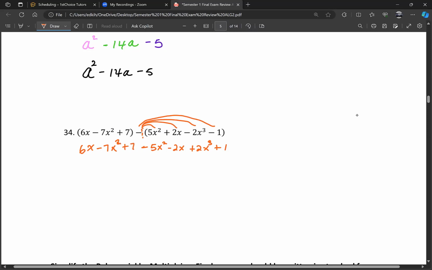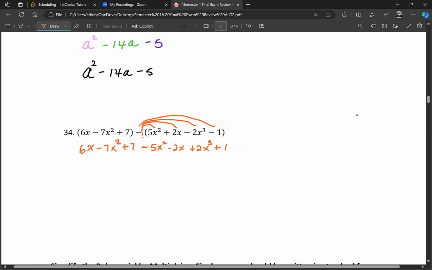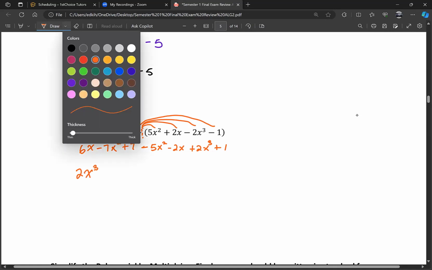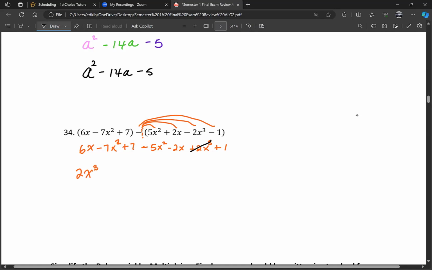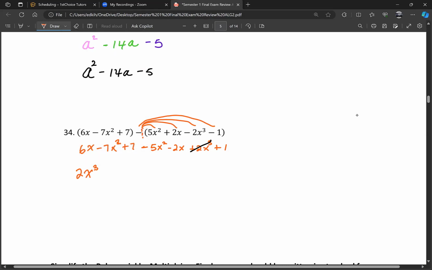And now we combine like terms. Again, remember, since we have to write this in standard form, why don't we just do it now. We have 2x to the third as our highest degree. So I'm going to write that first, 2x to the third. That means we've taken care of this one. And then the next one on our list is 5x squared. So we have negative 7x squared minus 5x squared.